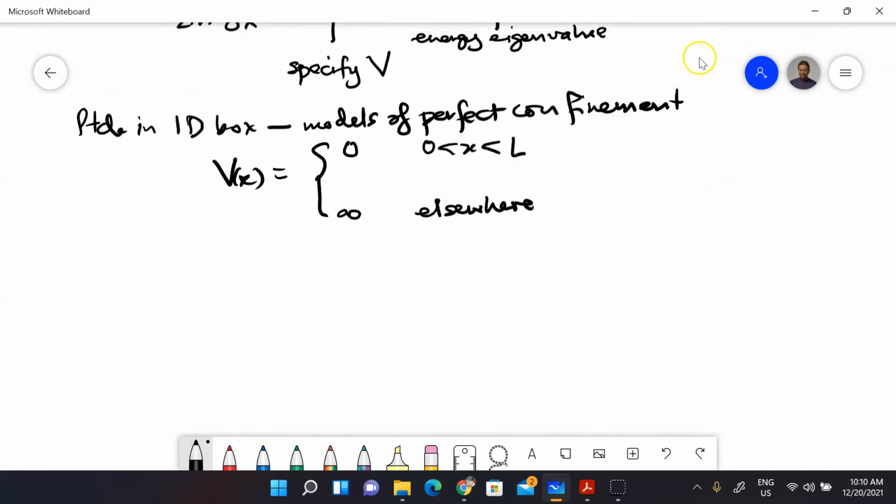Okay, so what happens over here outside the box? You can't have any particle, there is no possibility of the particle there.